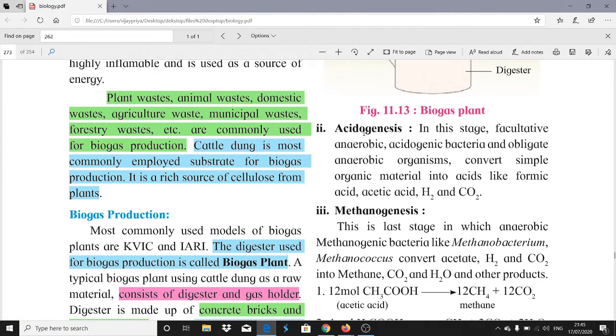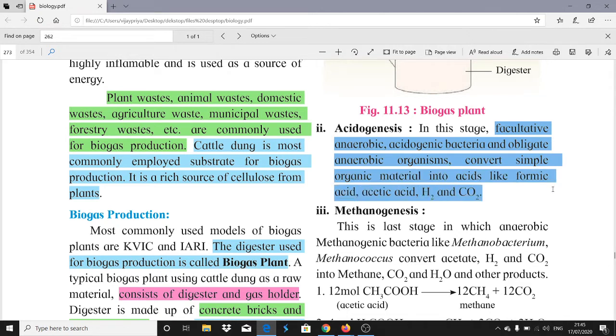The second step is acidogenesis. In the second step, the facultative anaerobic or acidogenic bacteria, or you can say the obligate anaerobic organisms, convert this simple organic material into acids like formic acid, acetic acid, and hydrogen and carbon dioxide.